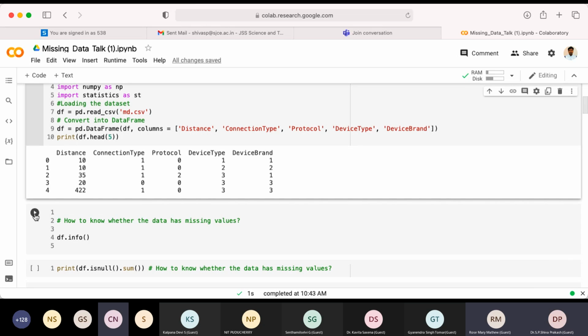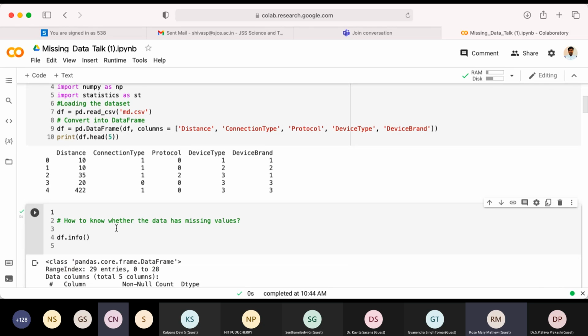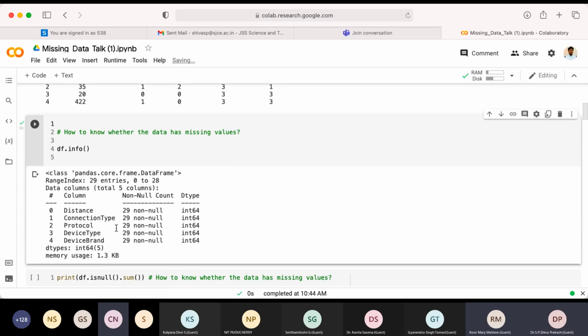Let me check whether the data has missing values or not. So you can see these data have non-null values.